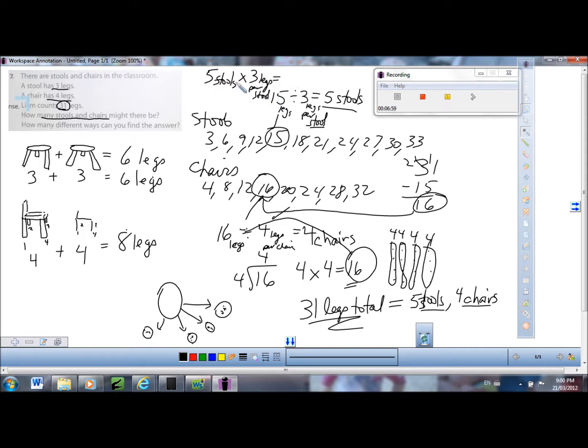Well, you'd have 5 groups of 3. 1, 2, 3, 4, 5 groups of 3. So there's one of them. 2 groups of 3, 3 groups of 3, 4 groups of 3, 5 groups of 3, which is the same as 3, 3, 3, 3, 3, and that equals altogether 15. So 5 times 3 is 15 legs total.